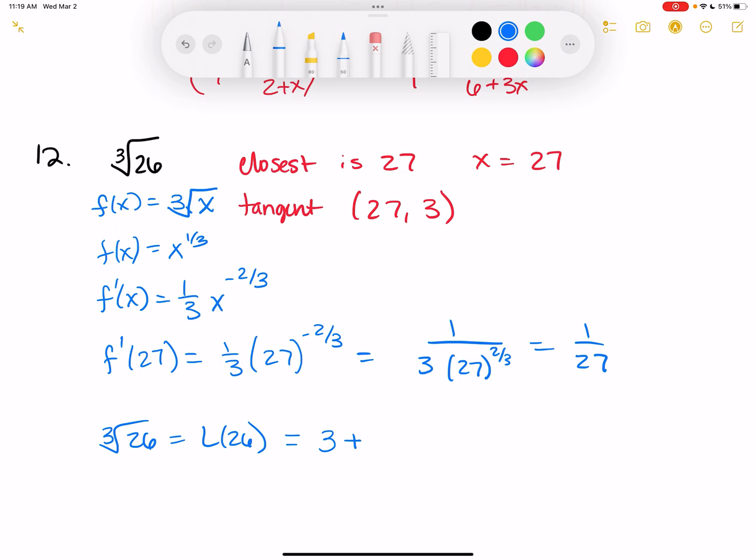If we plug in that here, it gives us that. So that's where the 3 is coming from. Plus f prime of a, so 1 over 27, times 26 minus 27. And I want to know what that's equal to.